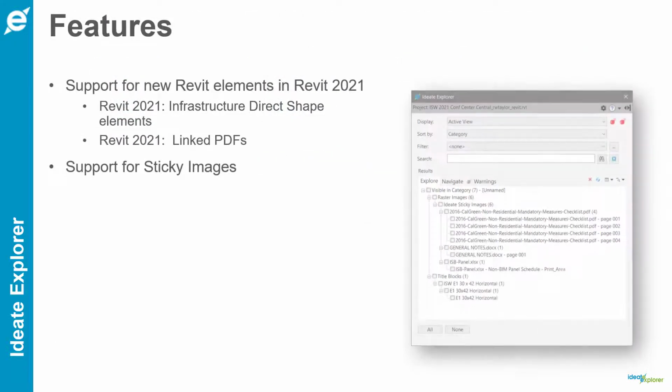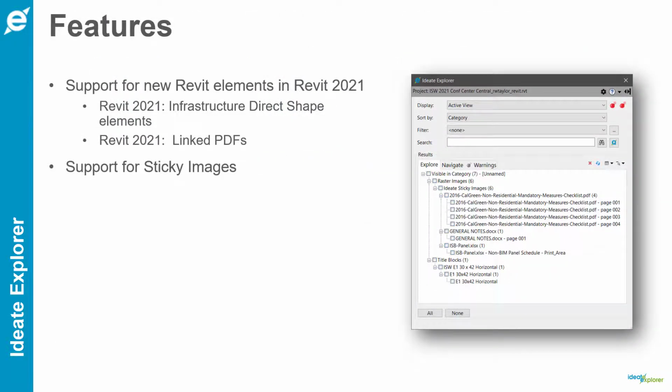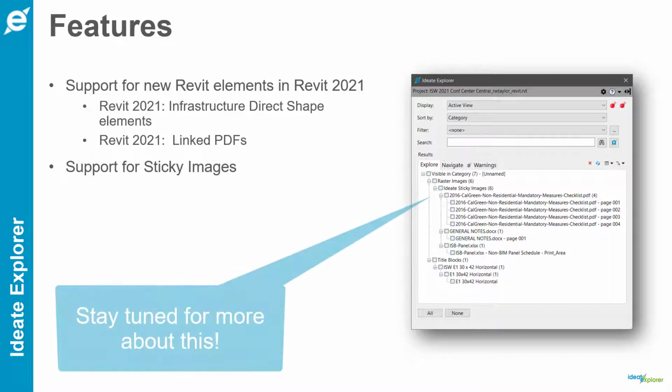ID8 Explorer has support for newly added Revit 2021 elements such as infrastructure, direct shapes, and linked PDFs. In addition, all ID8 Explorer versions now sort within the results tree based upon the new sticky images for PDF, Word, and Excel.